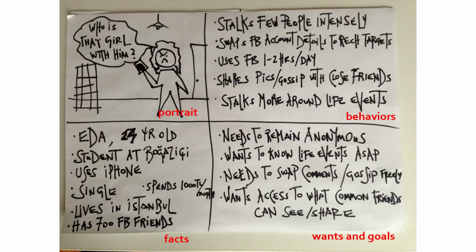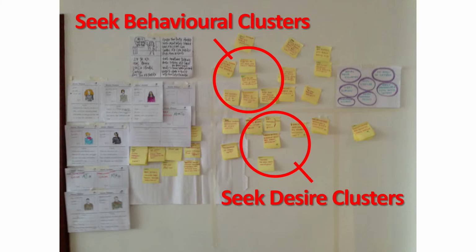Then we come back with our hypotheses, put them on the wall with Post-its and try to seek behavioral clusters and desire clusters. This is the primary starting point for validation, in order to identify the unique value proposition that you will present to your customer.